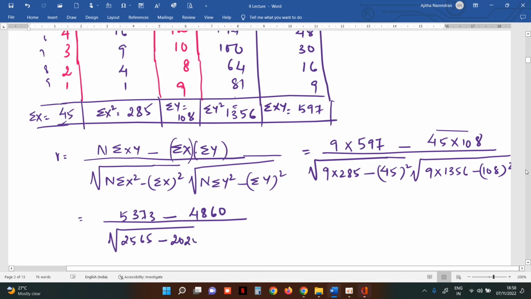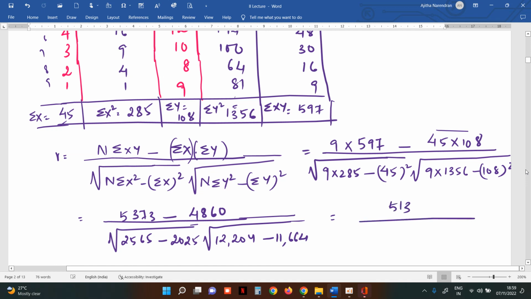Just use the facility which is given in the calculator. 2025. Root over 9 into 1356 is 12,204 minus 11,664. So this is the value. 108 into equal to is 11,664. So write down the value.